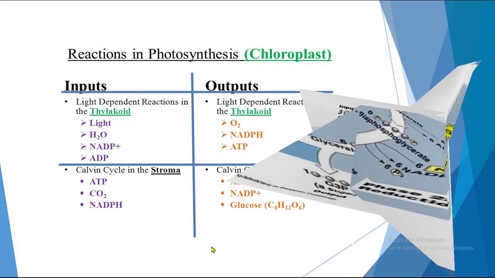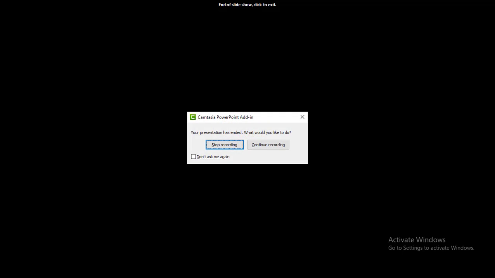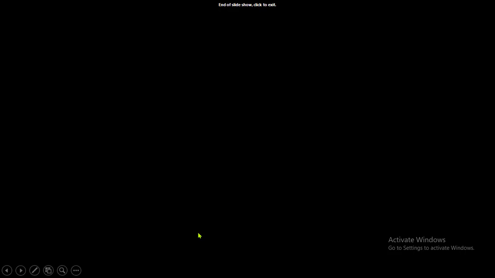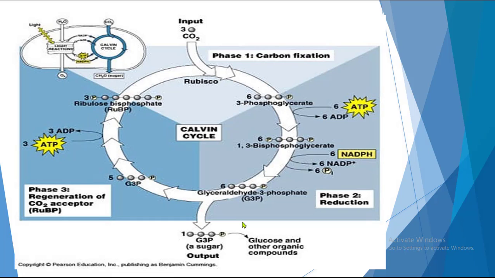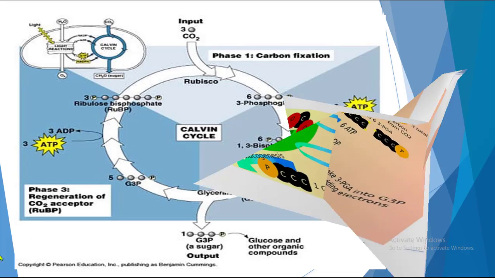That's why, here you can see, we have mentioned that 6 G3P molecules were formed, one leaves the cycle, and the remaining 5 molecules undergo a series of reactions using 3 ATP molecules, because the 3 carbon containing compounds undergo a series of reactions to form the original carbon dioxide acceptor.